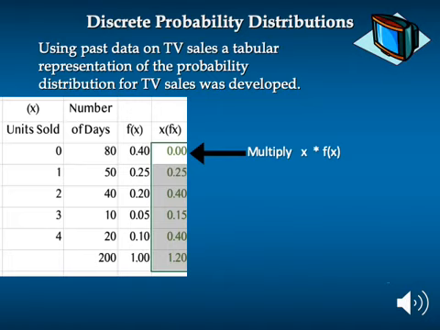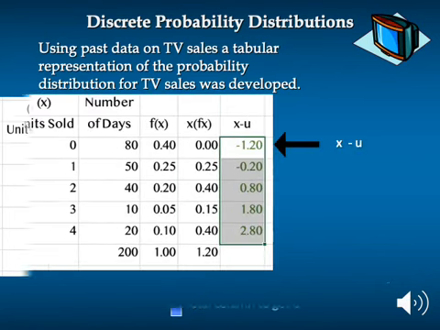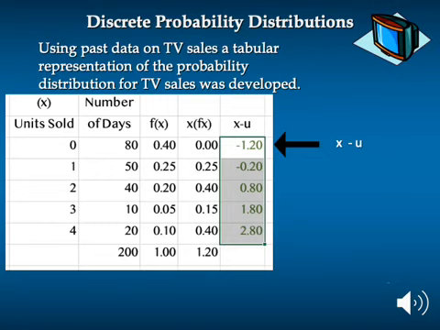Anything times 0 is 0. We're going to do the same thing for every one of those rows. And then, in order to get the expected value signified by u, we're going to add up the total of the x times the function of x column. And when we do that, you see that the expected value is 1.20.